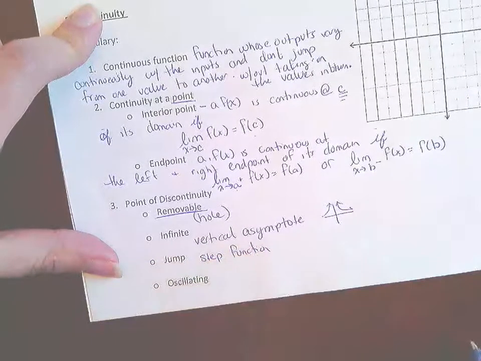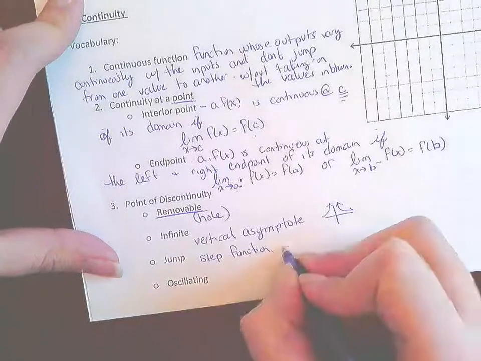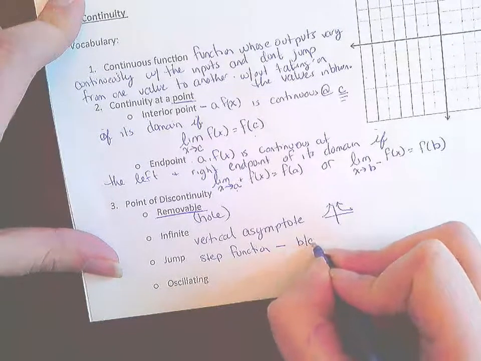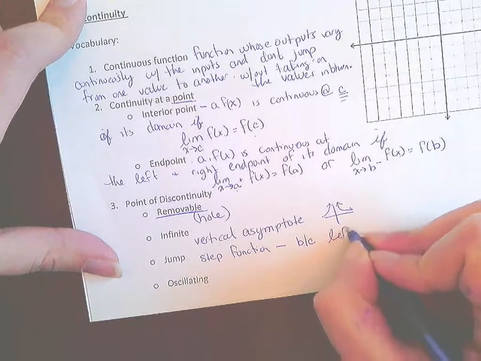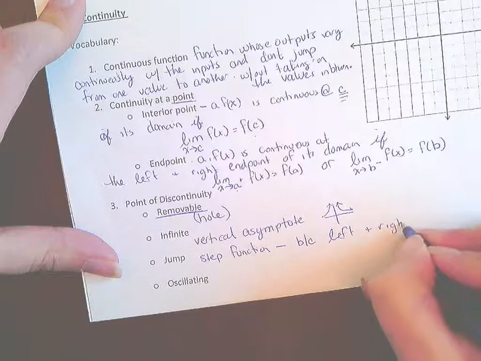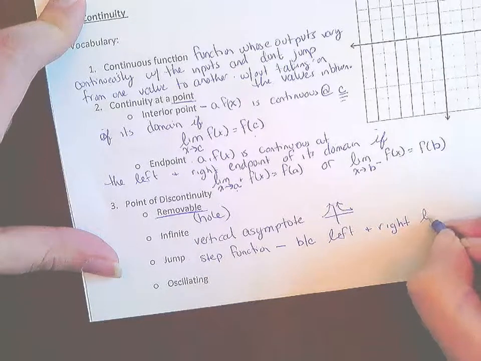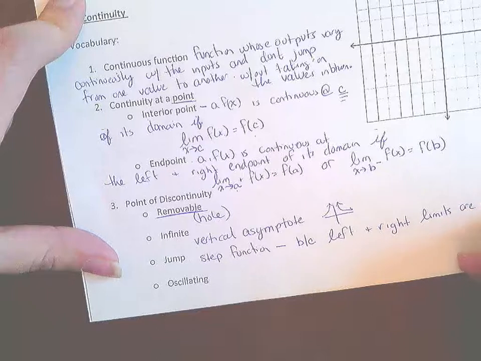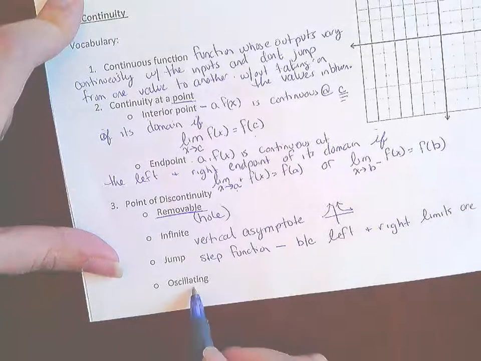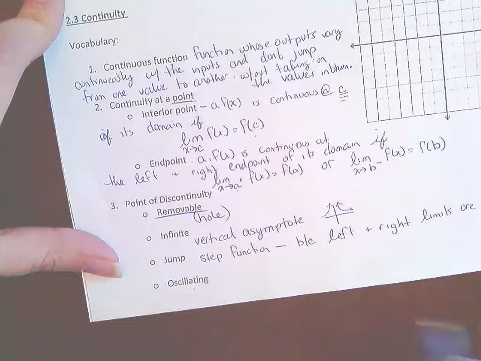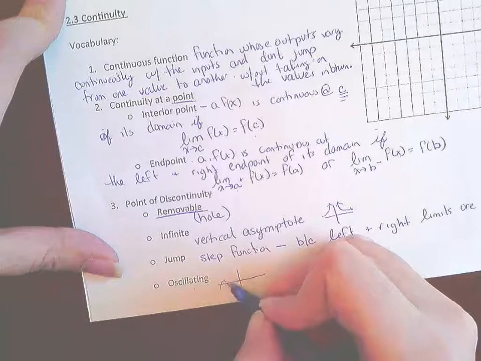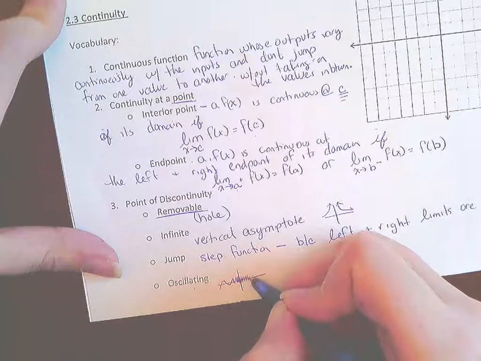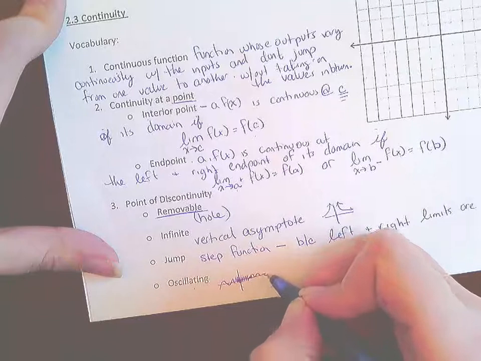A jump discontinuity is, for example, like the step function. It's called a jump because there is a limit, but the left and right limits are different. And then you have an oscillating discontinuity. What that means is when you have a function, let's say it starts off normal and then all of a sudden it starts to oscillate back and forth and then it goes back to normal.